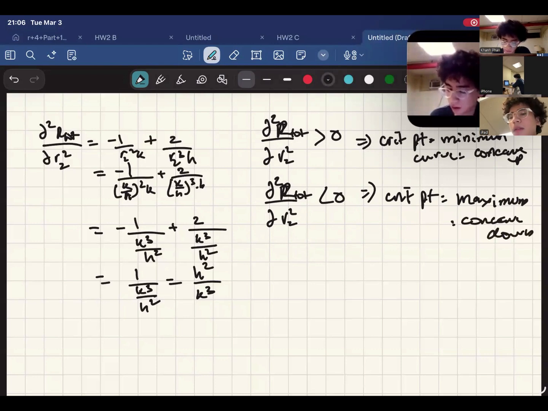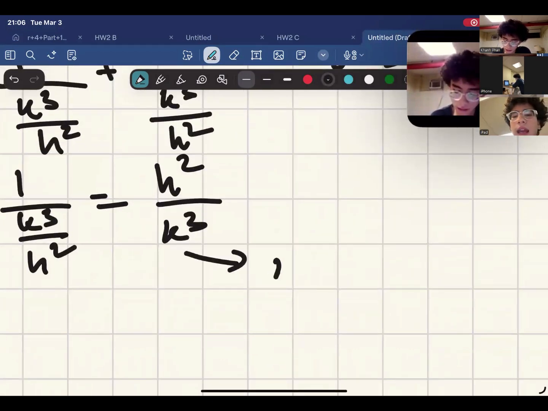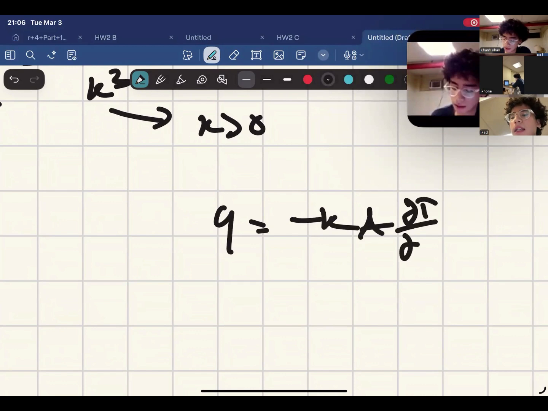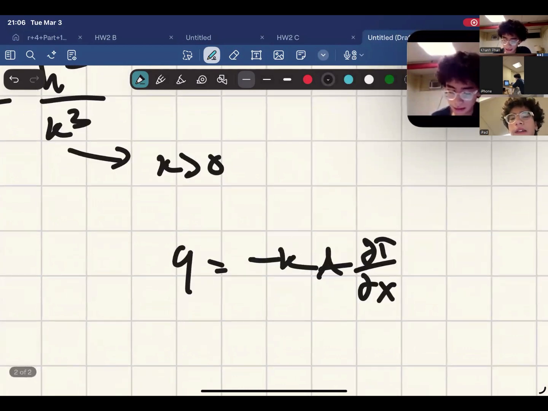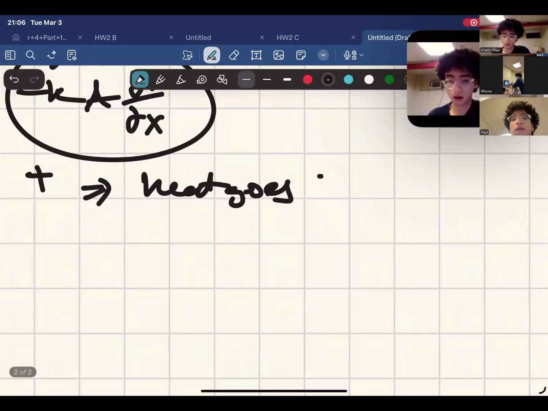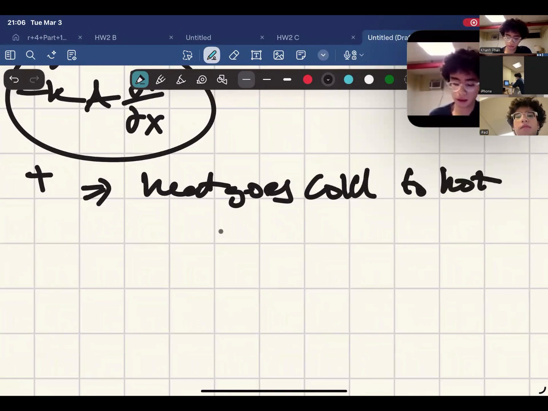So we know that K is always positive because of Fourier's law, negative K A dT dx. If K is negative, then this entire thing would be positive, so heat would go from cold to hot, which is not true.